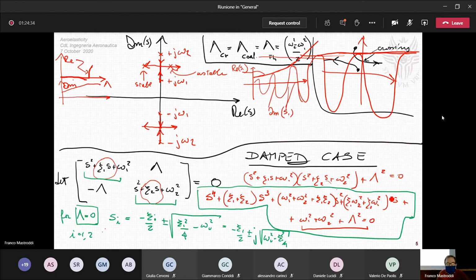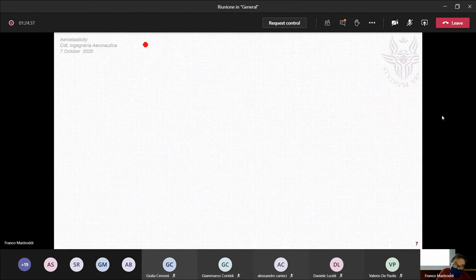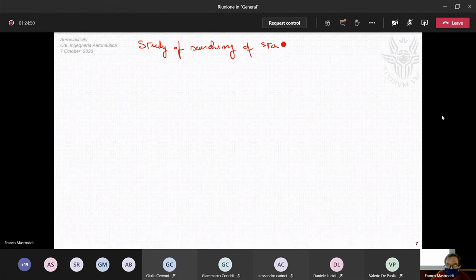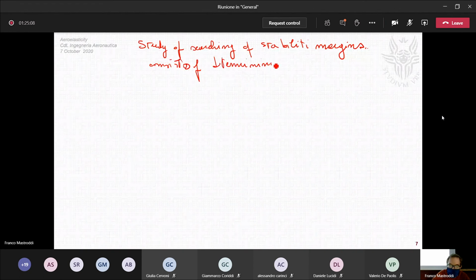Now, the problem of searching for stability margins consists of determining the critical value of lambda, also known as lambda flutter, and the critical value of the pole crossing.